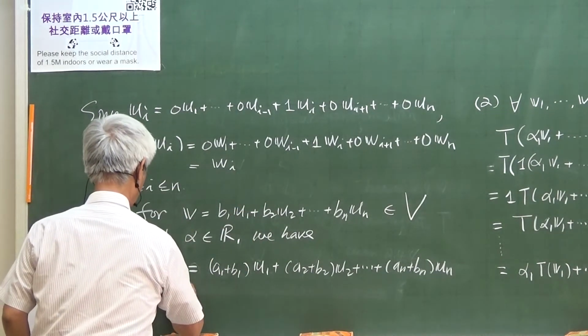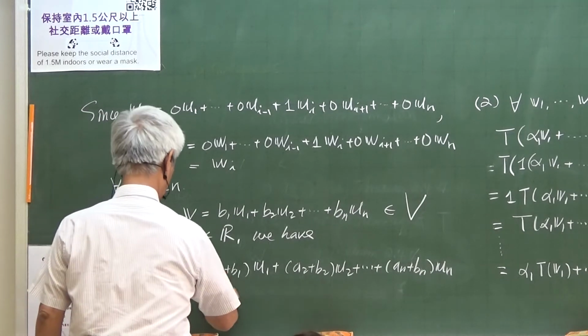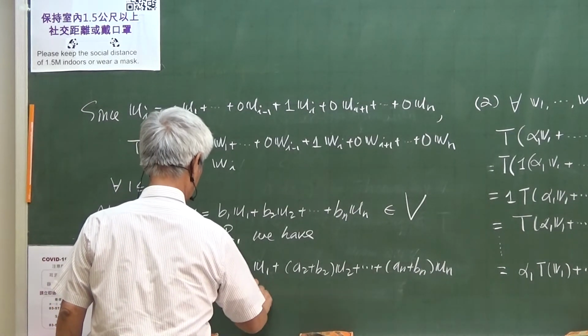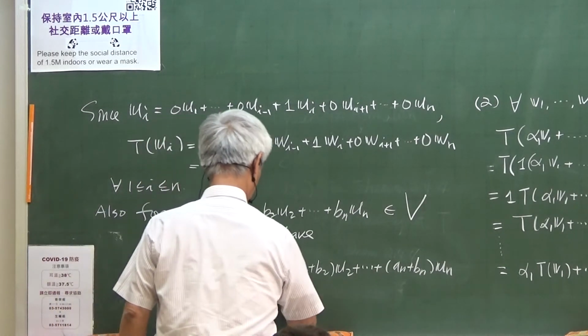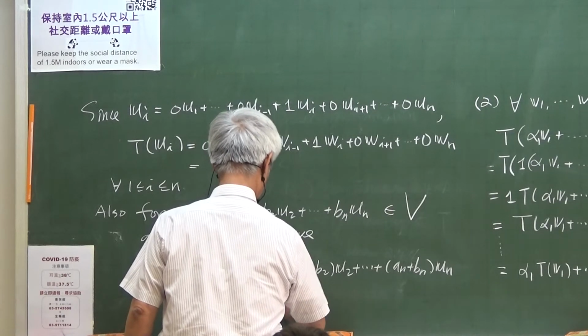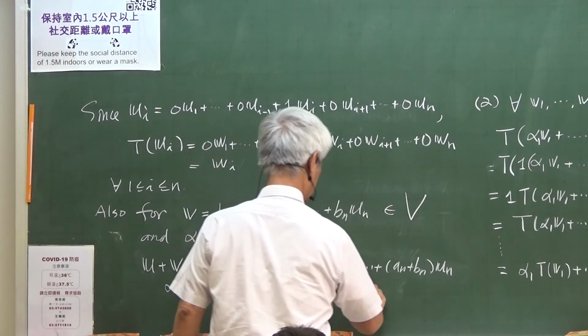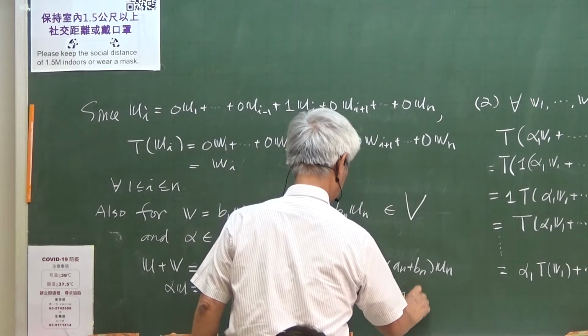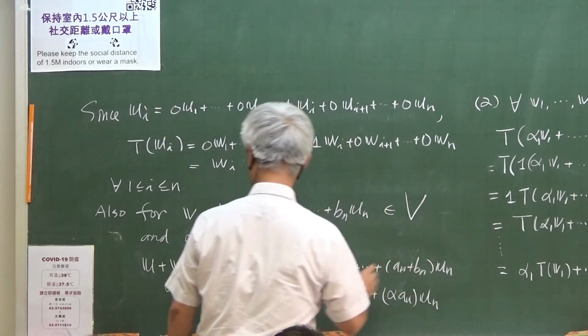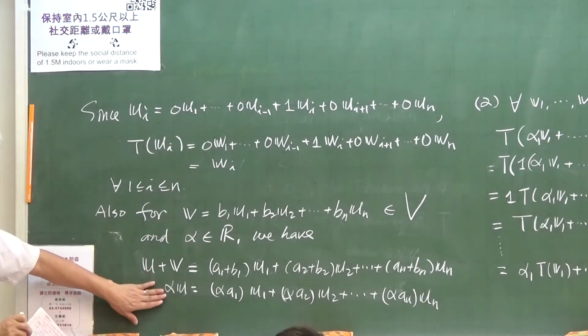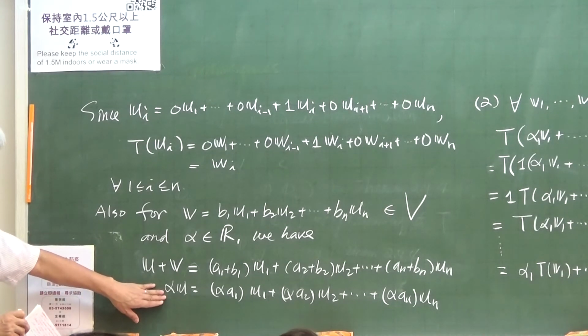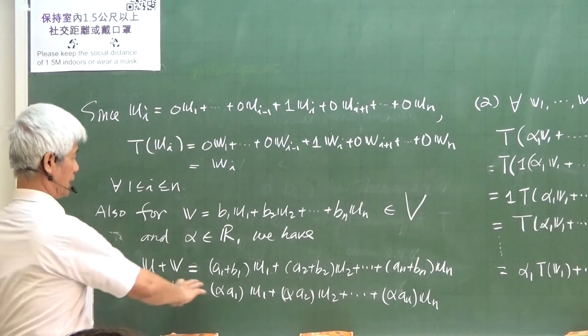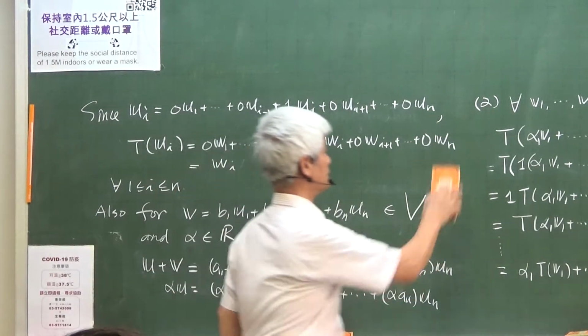And for alpha u, this becomes alpha a1 u1 plus alpha a2 u2 plus up to alpha an un. So the scalar multiplication of alpha and u comes to this linear combination.